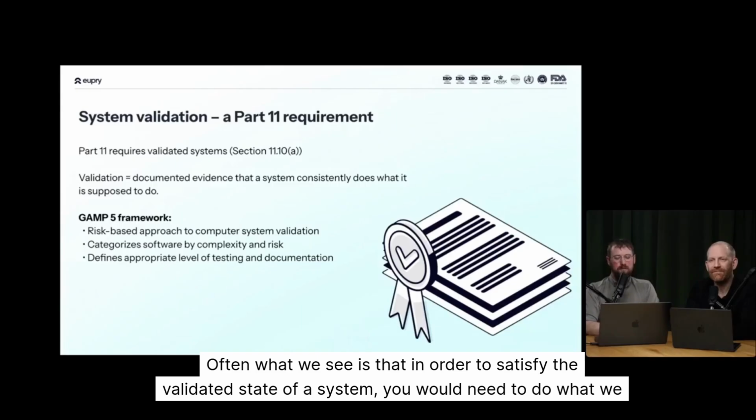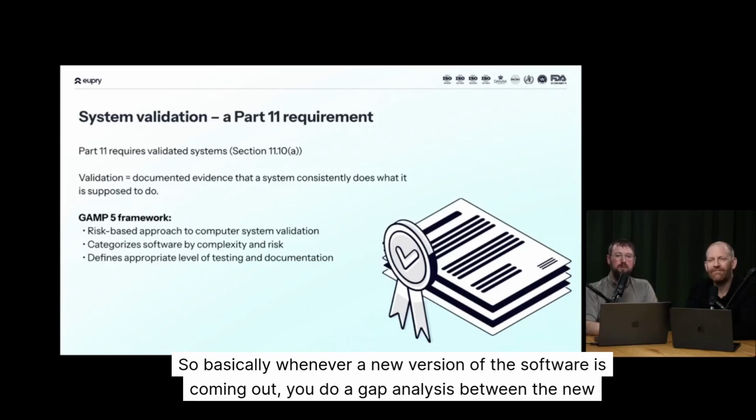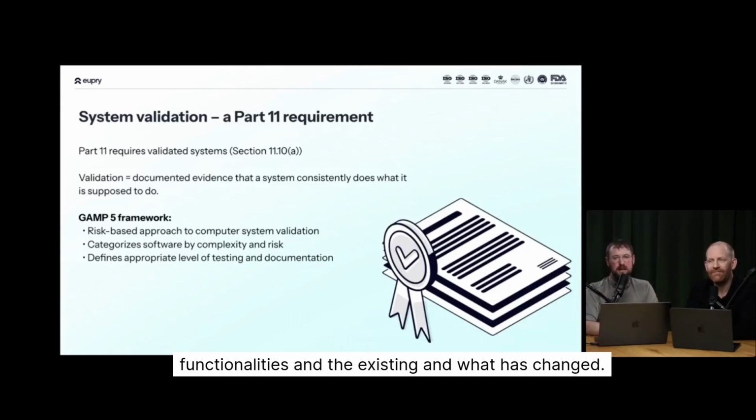Often what we see is that in order to satisfy the validated state of a system, you would need to do what we call delta validation. Whenever a new version of the software comes out, you do a gap analysis between the new functionalities and the existing ones and what has changed.